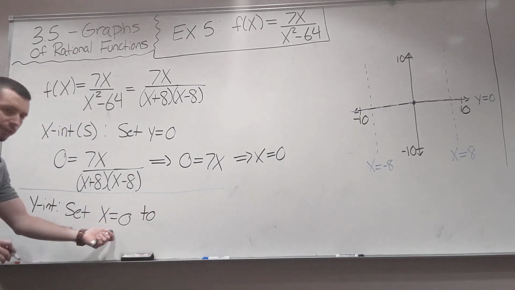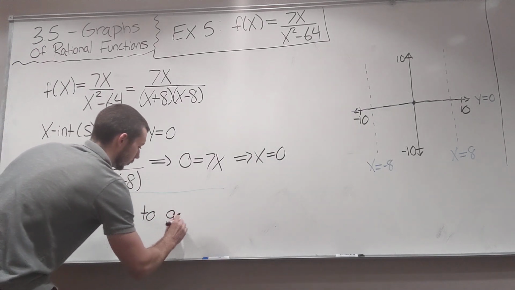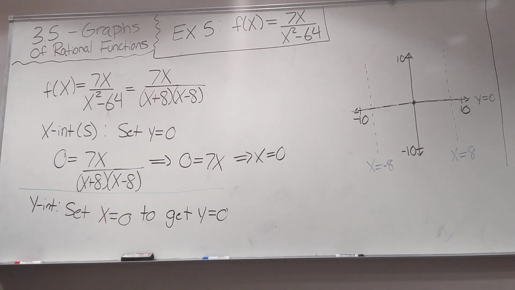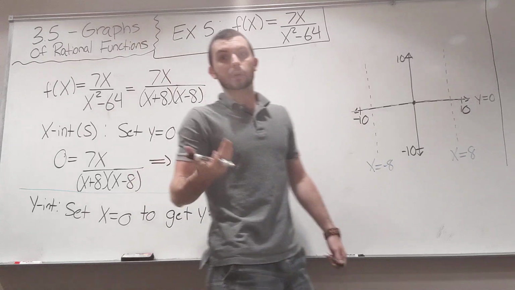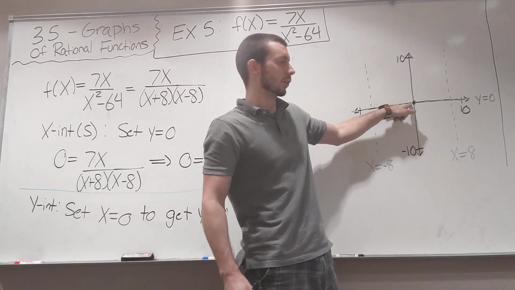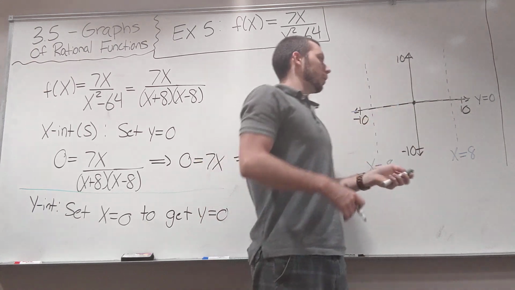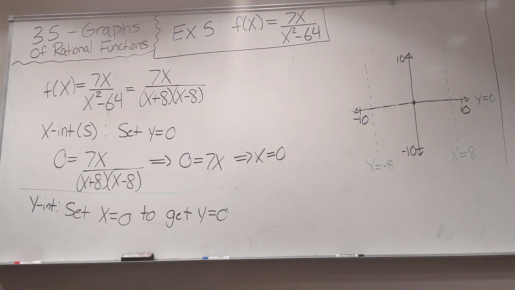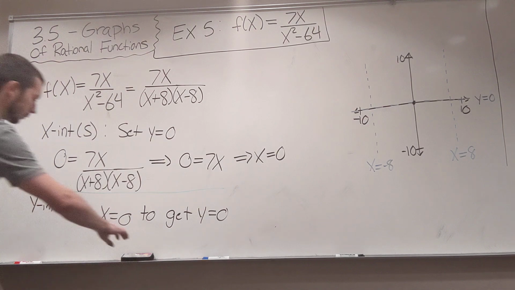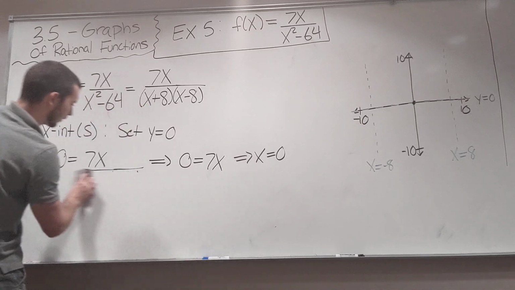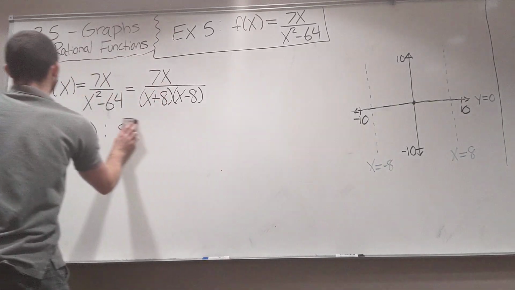So ultimately what I'm trying to say is that once you set x equal to 0, you'll end up getting that y is 0. So you'll get the same point back. So when x is 0, y is 0. So that just means we only have one intercept. And there it is right there. All right, so that tells us a little bit more about the graph. Now we can go ahead and look at the intervals above the axis and below the x-axis.